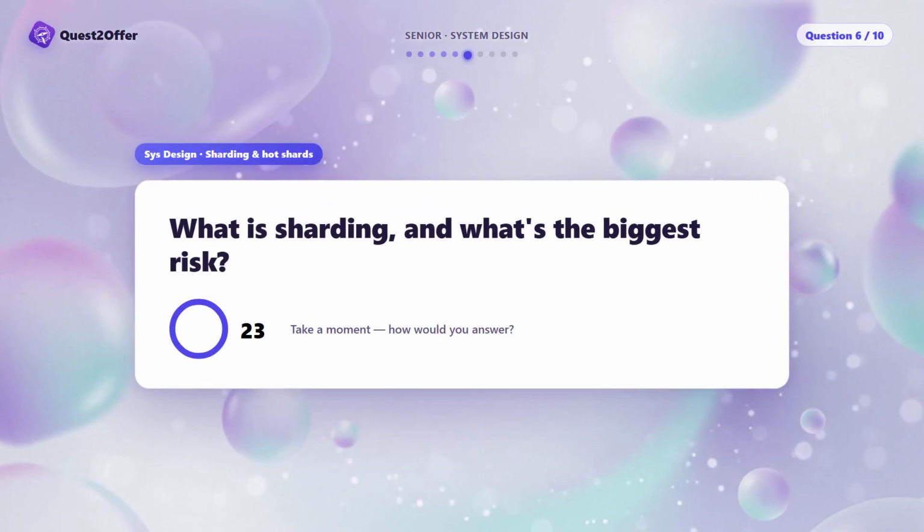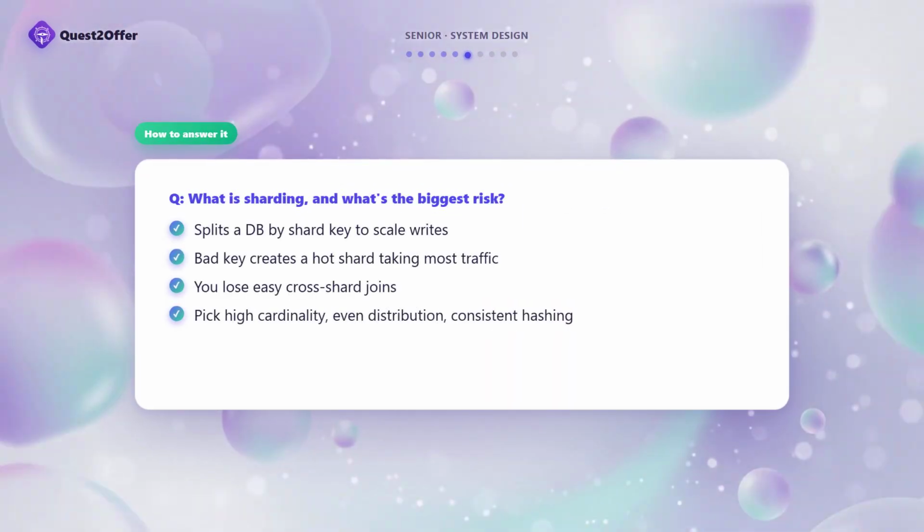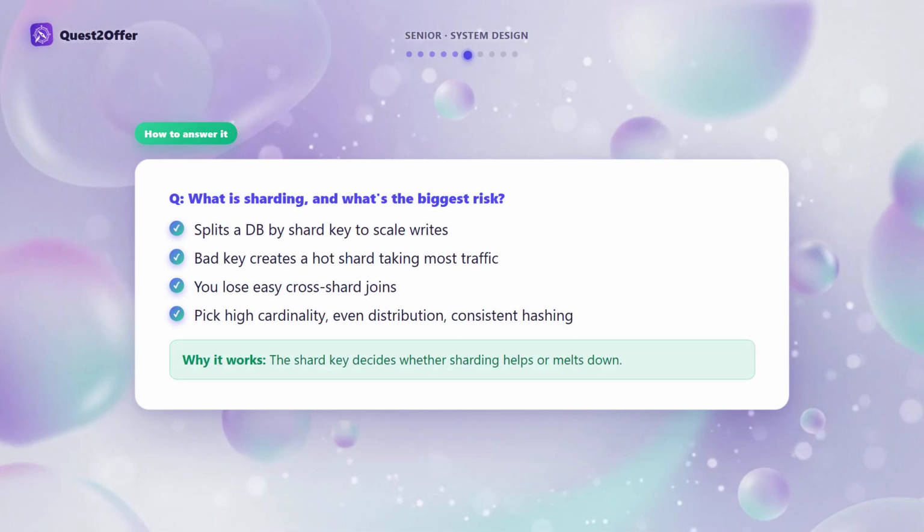What is sharding and what's the biggest risk? Sharding splits one big database into pieces by a shard key, say user ID, so each server holds a slice and you scale writes horizontally.